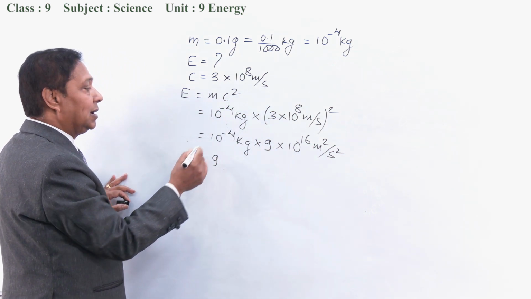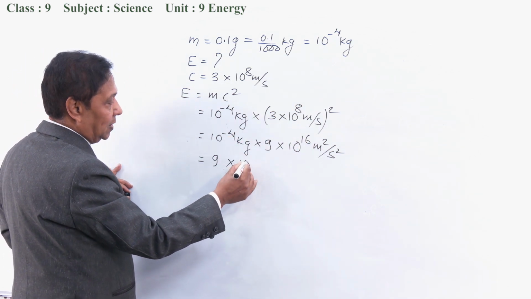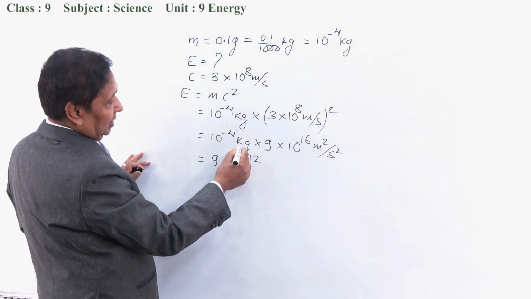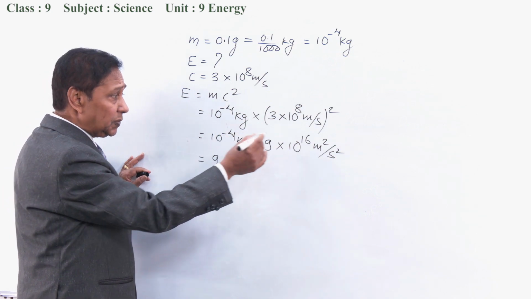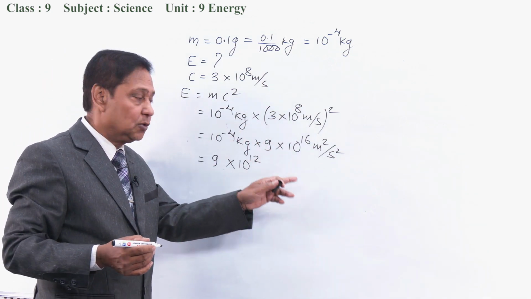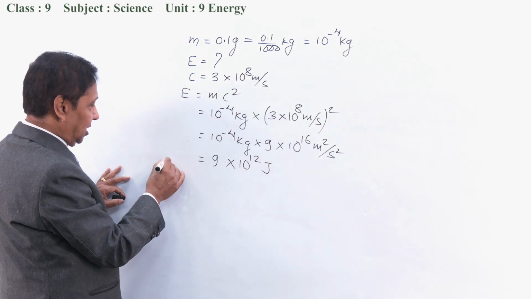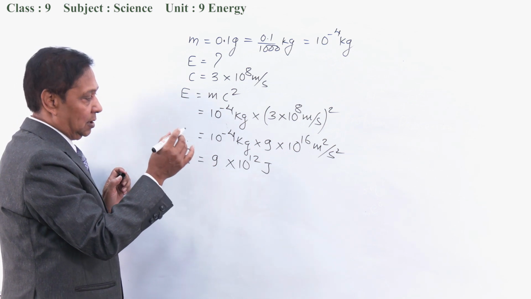I am writing 9. 10 to the power minus 4 and 10 to the power 16 gives what? 10 to the power 12, because 16 minus 4 is 12. And kg meter per second squared is Newton, and one meter is left. Newton meter is joule. That's why we can write joule. Therefore, the energy released is equal to 9 into 10 to the power 12 joule.